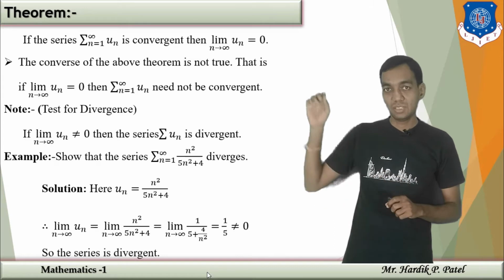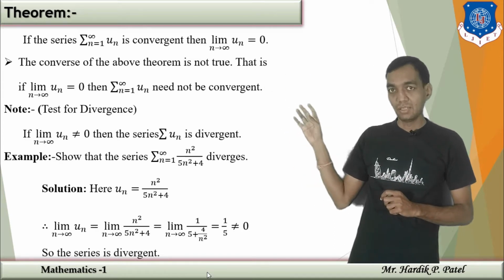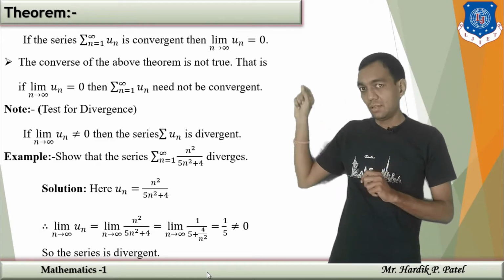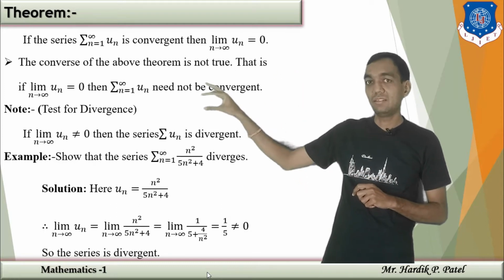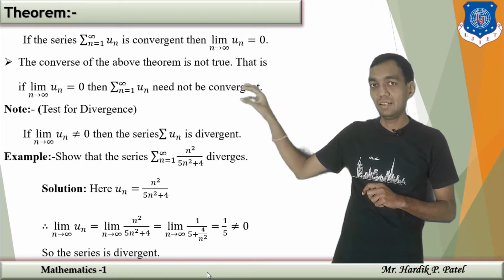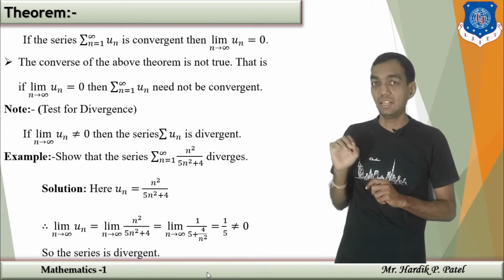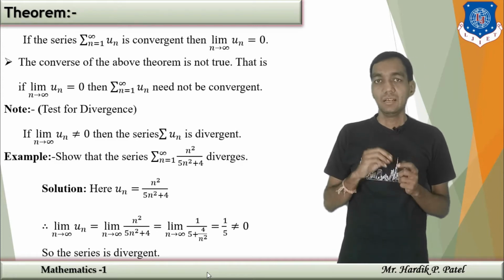That means the original theorem says that if the series is convergent, then the limit of the nth term is 0. But the converse is not true. That means if the limit of the nth term un is 0, that need not imply the series is convergent. It may be convergent or it may be divergent.